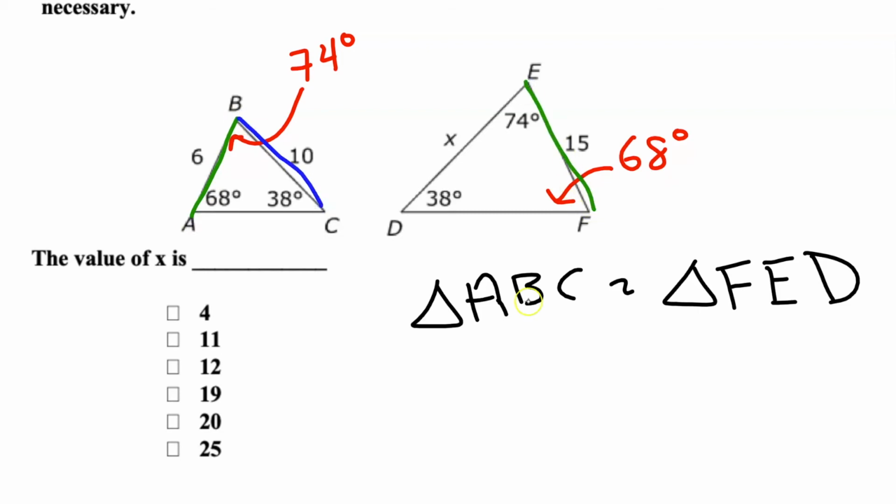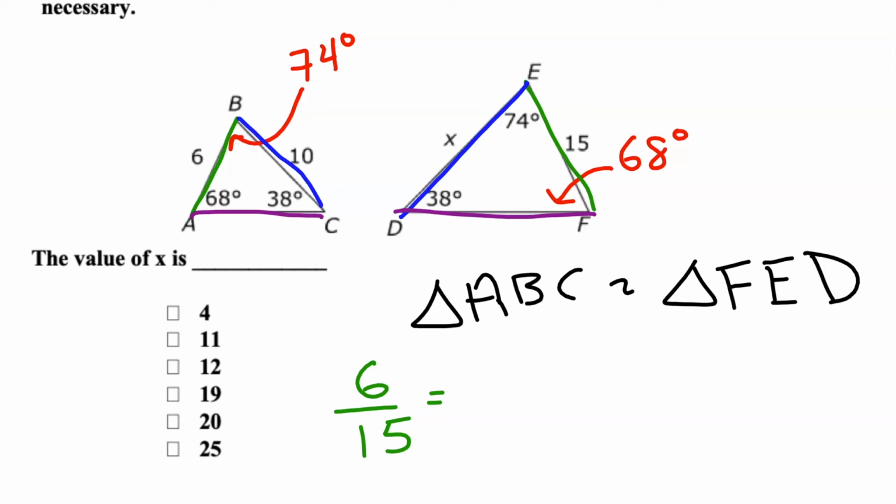BC corresponds with ED. And then AC corresponds with FD. So now this helps me set up my proportion. My side 6 corresponds with 15.